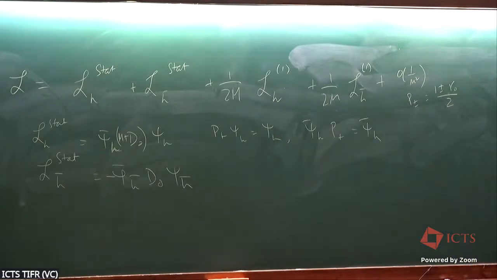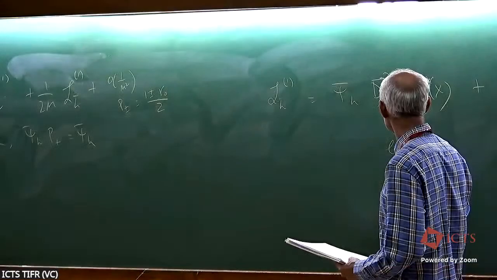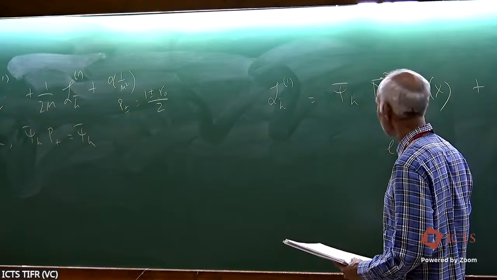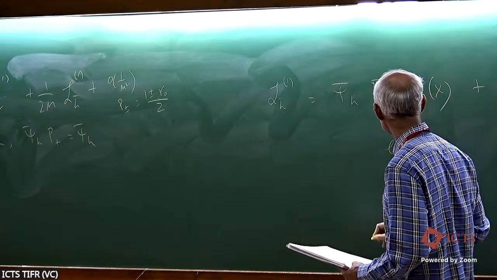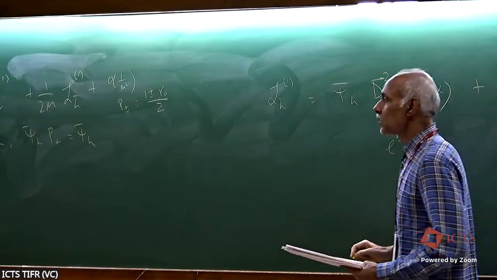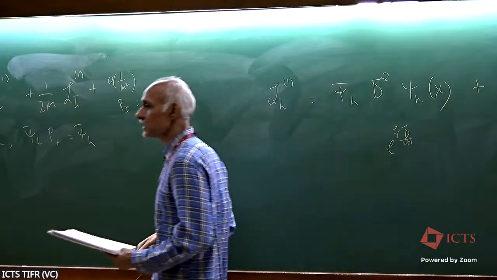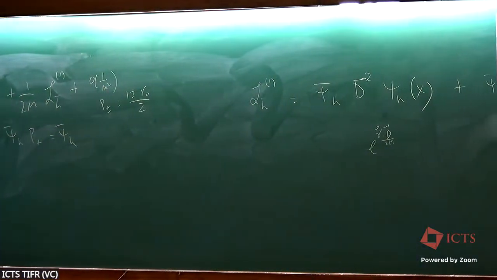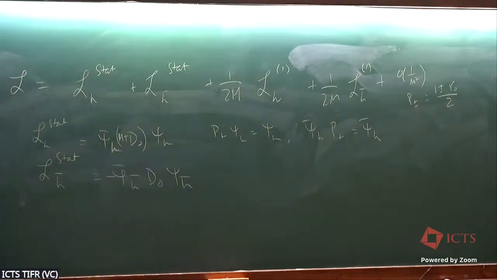You do some Foldy transformation with e raised to gamma dot D over 2m, I guess. It's not important.